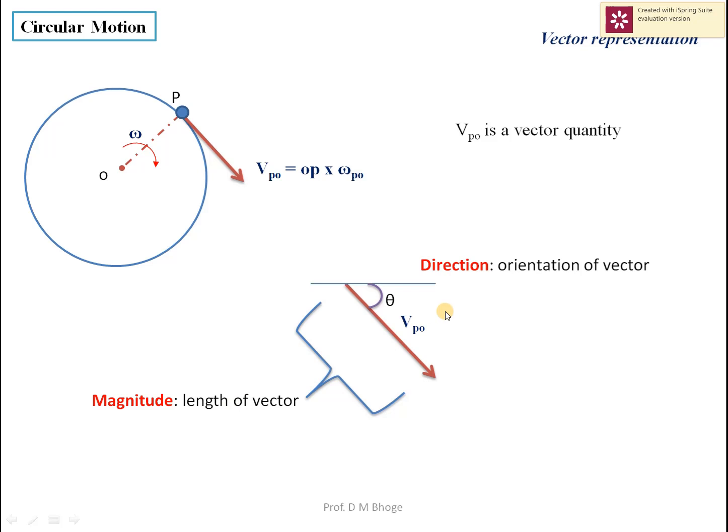Its direction is the orientation of this vector with respect to any one of the axes, and its sense will be in the direction of omega. Sense means the direction of the arrow, whether the particle velocity is pointing downwards or up. So VPO is a vector quantity. We represent it using a vector whose length is equal to the magnitude of the quantity. Direction is given by the orientation of the vector, and the arrow gives the sense of the vector.